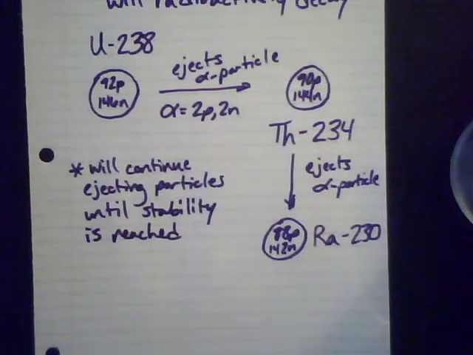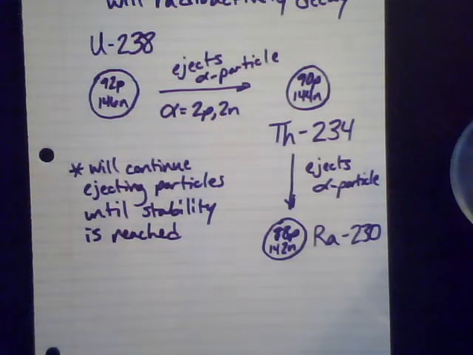And one of these magic numbers is actually lead's value. So if you look at lead on the periodic table, lead tends to be a pretty stable configuration, which is not to say that lead doesn't have radioactive isotopes. It just tends to be more stable.